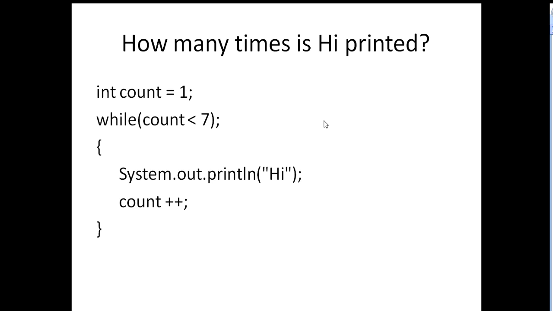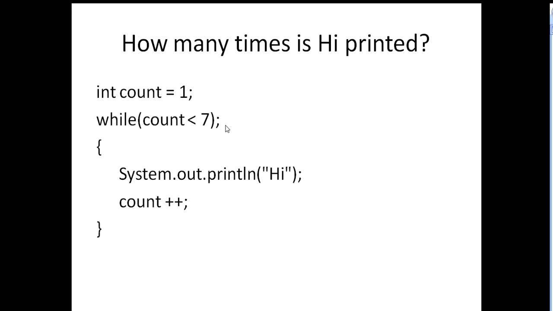Okay, so now this one is where your trick is. Okay, and this is where we see we have a semicolon here. And so high is never printed because with a semicolon, it says 1 is less than 7. A semicolon is the end of a program statement, so it's going to end the loop and go back to while.